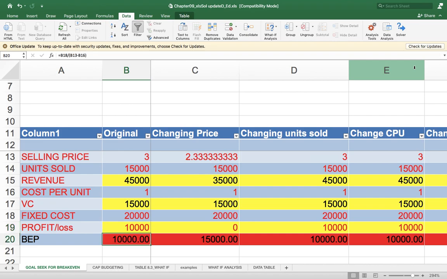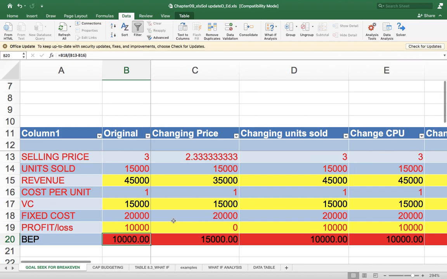And break even point will be equal to 10,000 units. I told you break even point is fixed cost divided by sales minus variable cost. Fixed cost is B18 here, that is equal to 20,000 divided by sales, $3 per unit minus variable cost $1 per unit will be the break even point.